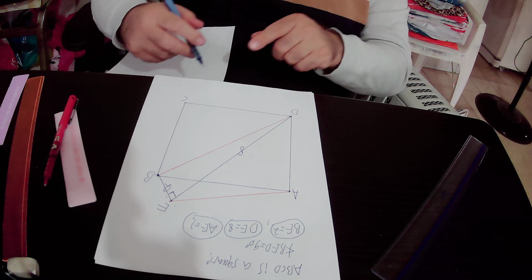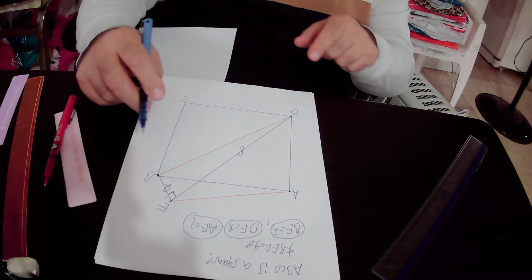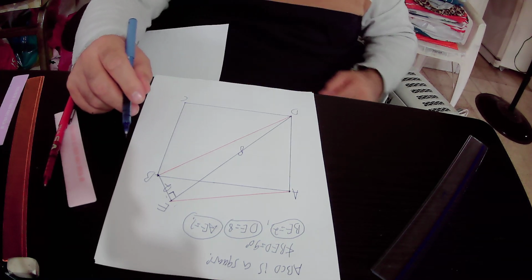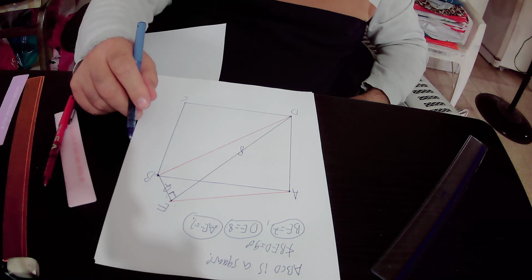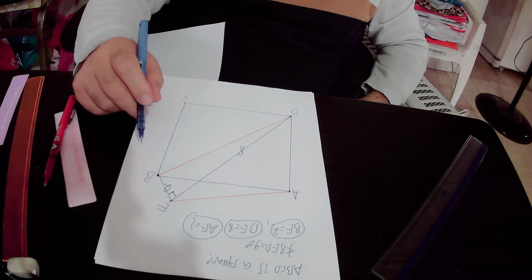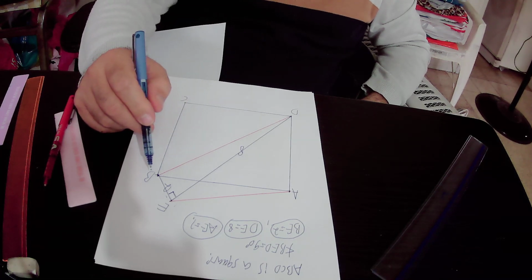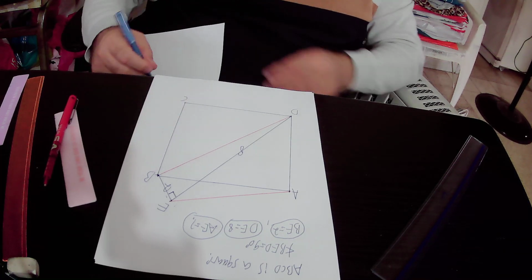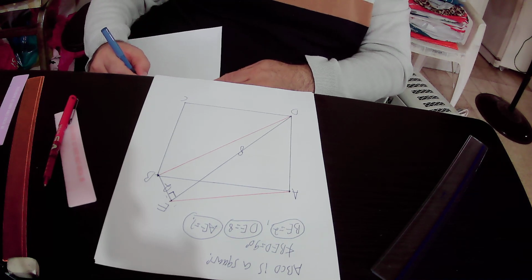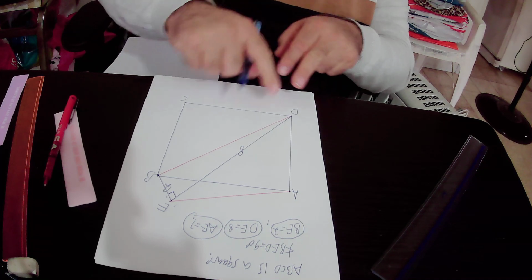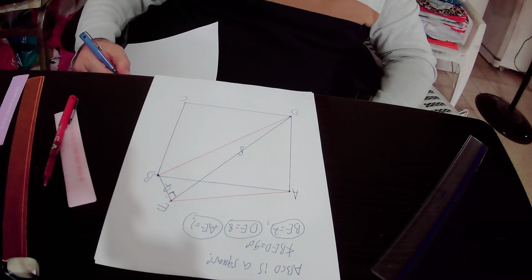And it equals the sum of the squares of the perpendiculars, EB square plus DE square.